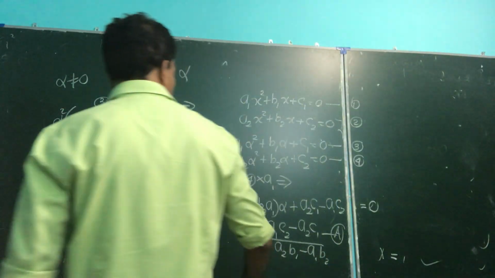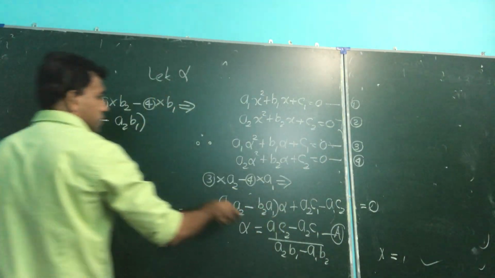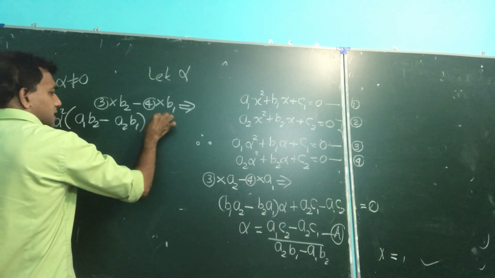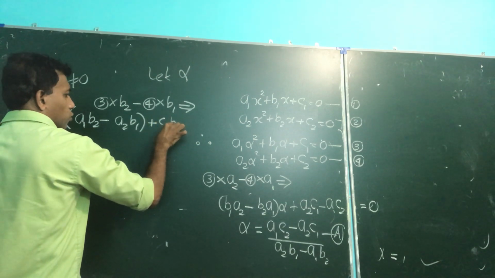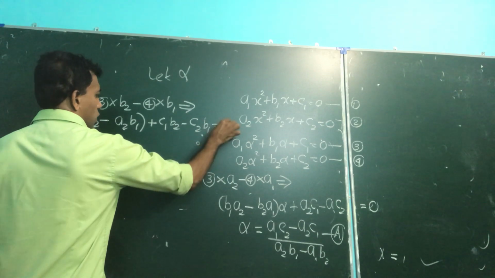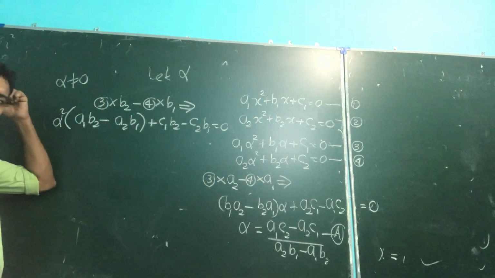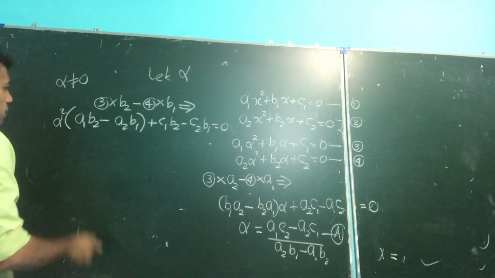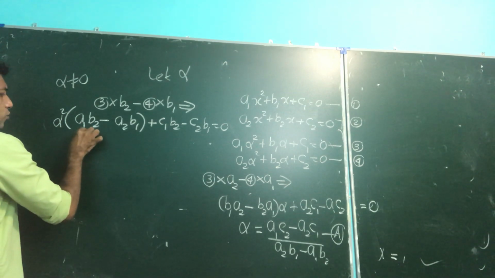And what about the other one? Alpha cancels, right? What about the C part: C1 B2 minus C2 B1 equal to 0, right? Therefore, can you find alpha square equal to what?